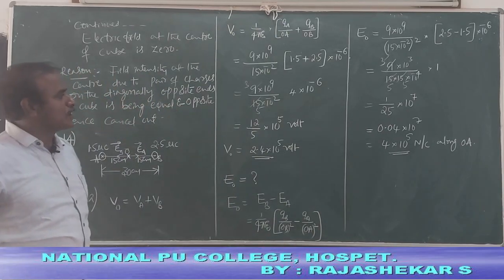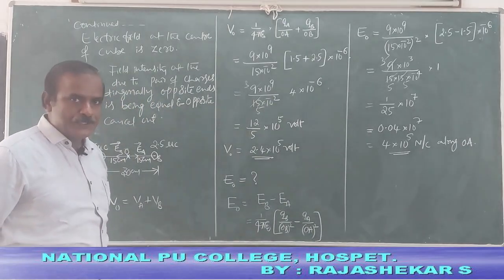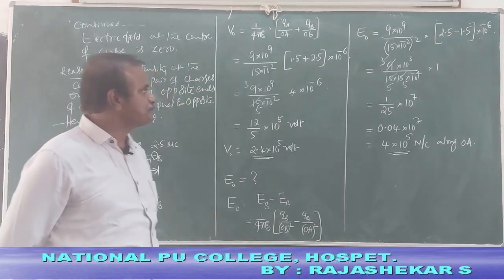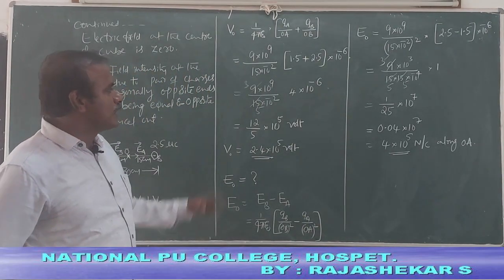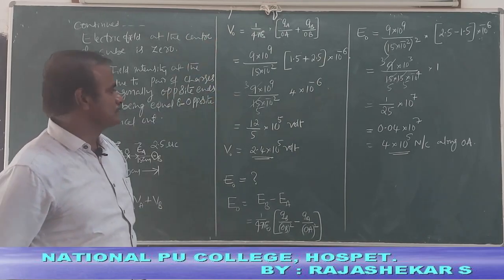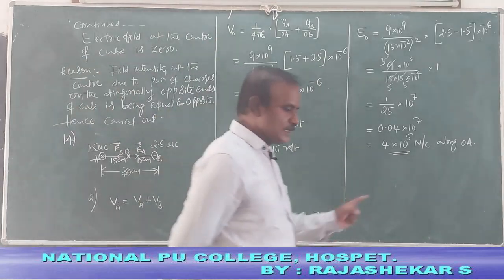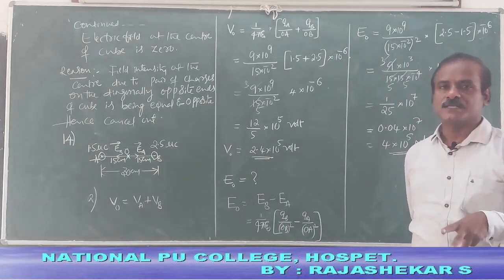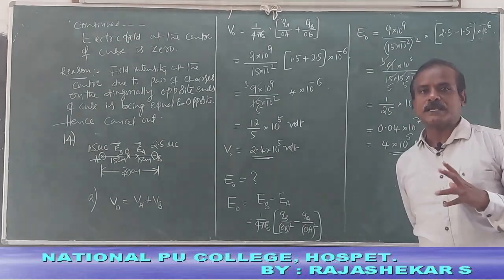Observe all the calculations carefully, and you have to practice on your own also. Numerical calculation and its simplification. Such kind of questions can be given for 5 marks in the numerical section for the PU board examination.